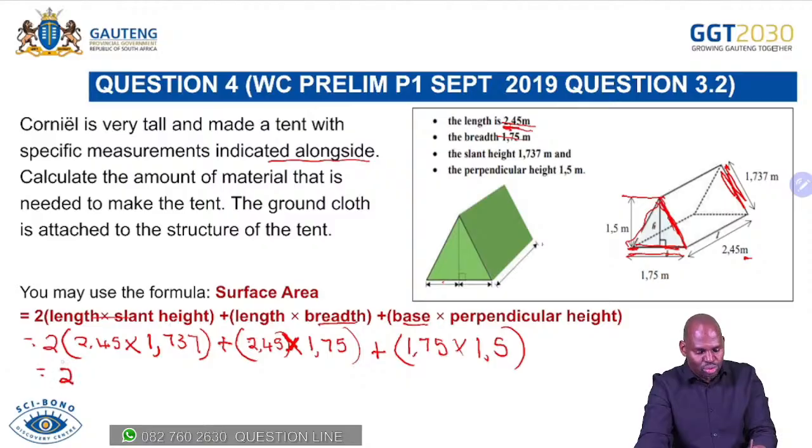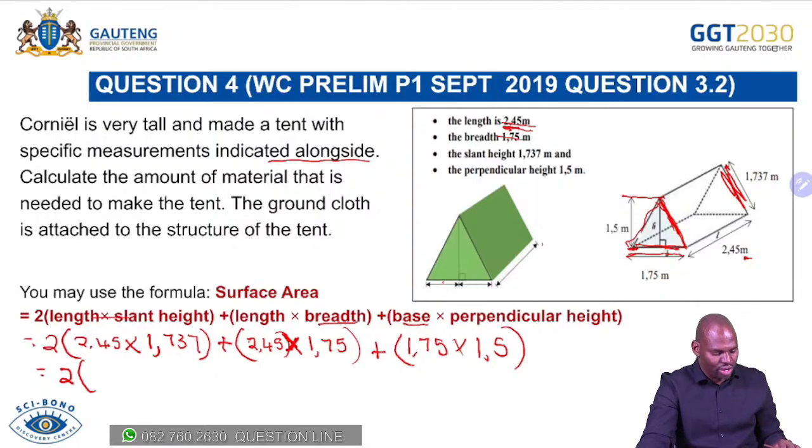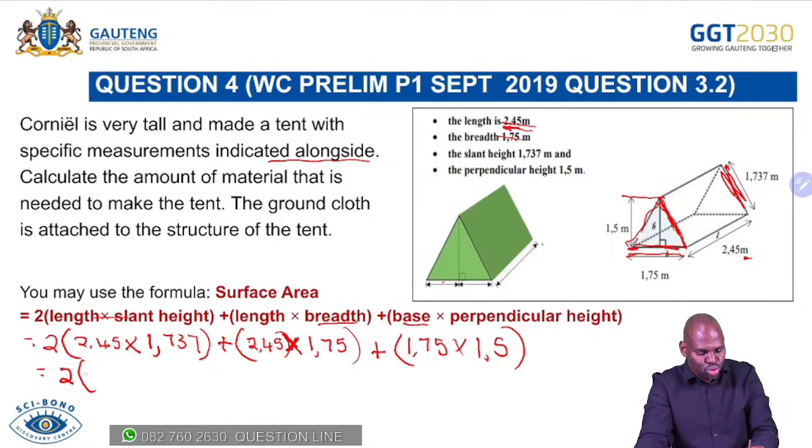So this one we can have 2. Then inside the bracket you have 2.45 multiplied by 1.737. So this will give you 4.25565, and then plus.